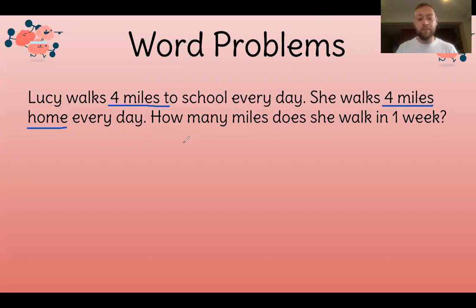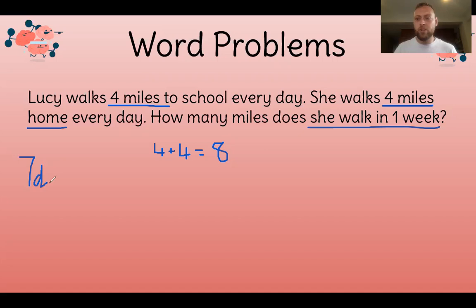You're so right. We're doing 4 miles plus 4 miles, which equals 8 miles. So every day she walks 8 miles. Now, we want to know how many miles she walks in 1 week. So how many days in a week? There's 7 days in a week, aren't there? 7 days.